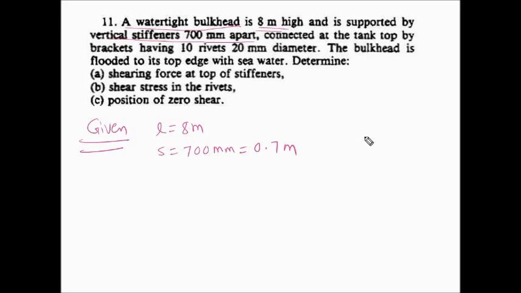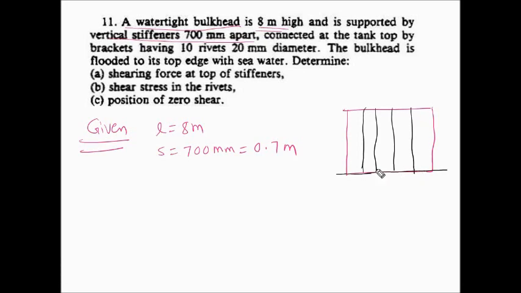Connected at the tank top by brackets. Now you have a bulkhead like this. The bottom of the bulkhead is the tank top, and you have stiffeners like this. These all are stiffeners.